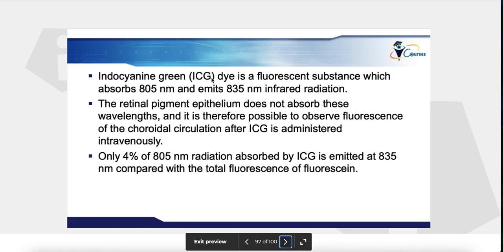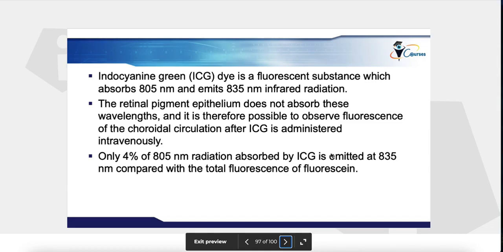On the other hand, the other dye is ICG. This is another fluorescent substance, but it absorbs and emits light of the infrared spectrum. So it will absorb at 805 and emit longer wavelength light of 835. The main advantage of ICG is that the RPE does not absorb these infrared wavelengths.